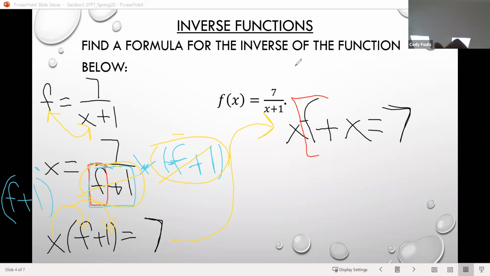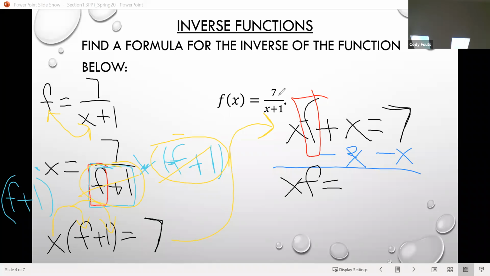And again, we're trying to isolate the f. So we need to do something with the two x's. The first thing I'll do is, with the plus x, subtract that from both sides. So subtract x here, subtract x here. Then I get xf equals, and we cannot combine the 7 and the x, they're not like terms, so that's 7 minus x.